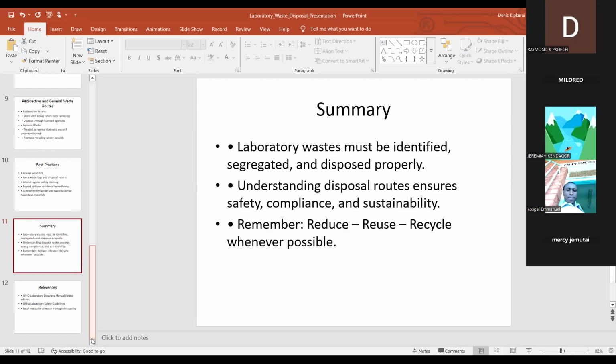I'm going to repeat, discuss 10 importances of disposal of laboratory waste. That is going to be 20 marks, and it is to be submitted before our next session.